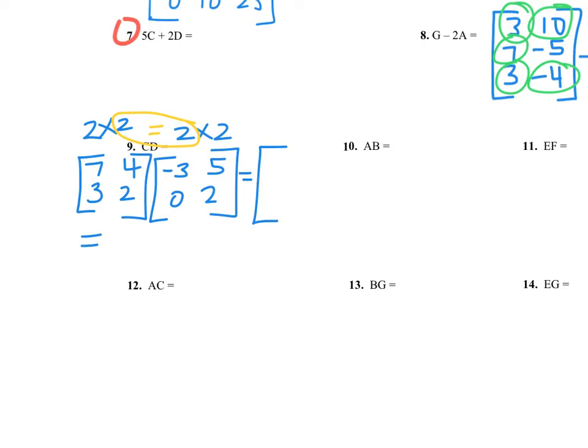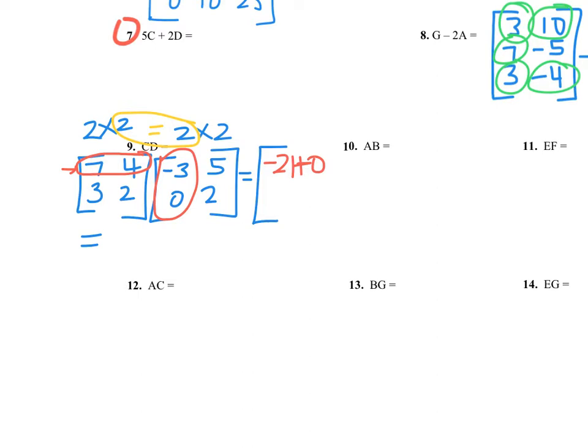So the first one is I'm going to go across the row of the first matrix while going down the column of the second one. That's going to give me my row 1, column 1 in my new matrix over here. So I get 7 times -3 is -21 plus 4 times 0, which is 0.